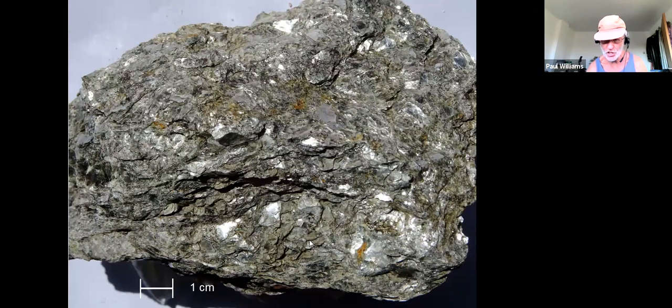That's a typical schist-like metamorphic rock, and the plates of mica are growing along the orientation of the strain that's being applied to these rocks. So that's a classic mica schist, a standard, medium grade metamorphic rock.